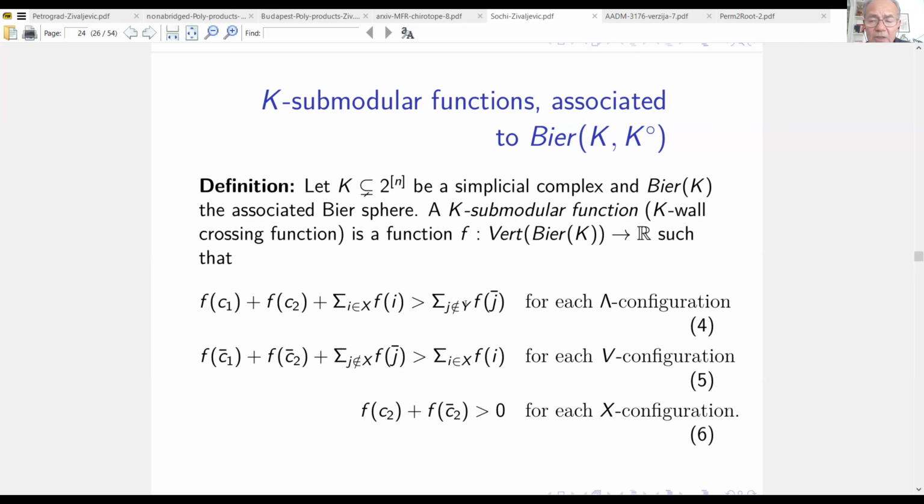So these are inequalities expressed in terms of the simplicial complex. We call a function of this type K-submodular. And it turns out that a Bier sphere is canonically polytopal if and only if it admits a K-submodular function. So that's a very useful criterion.